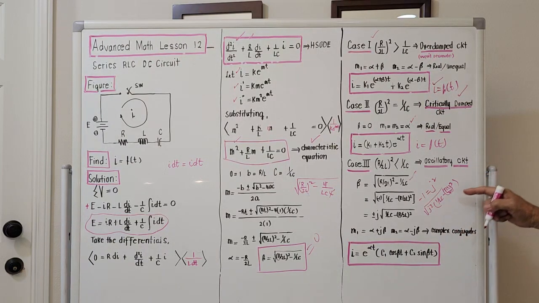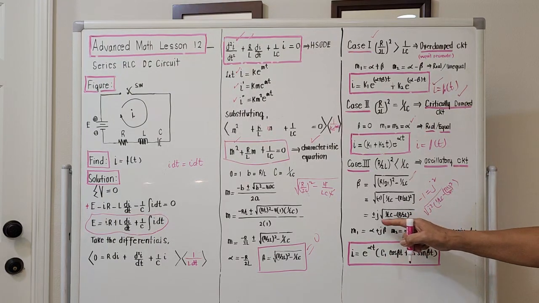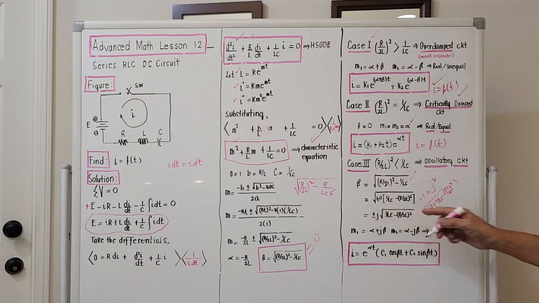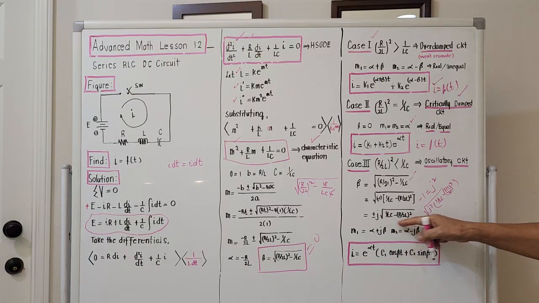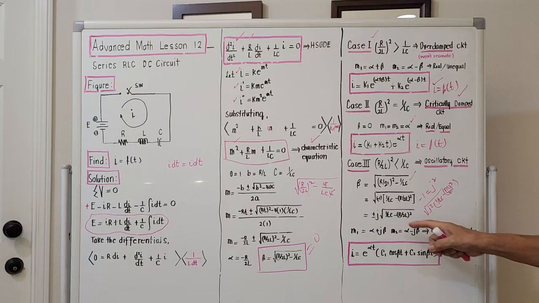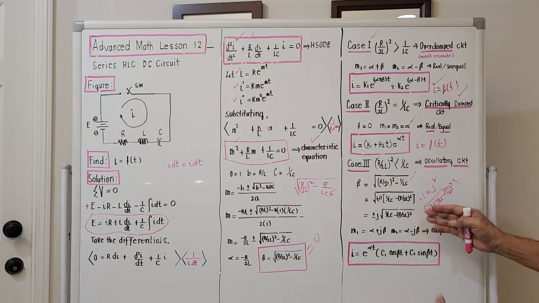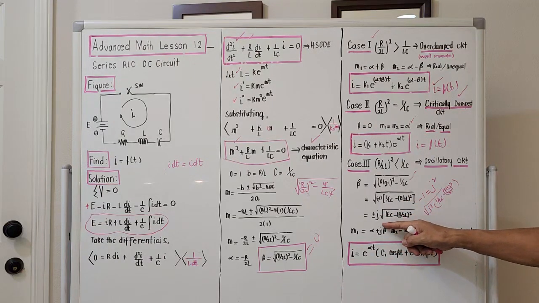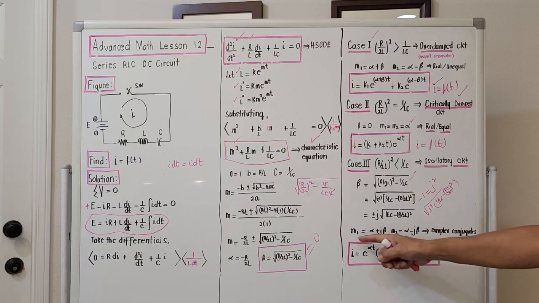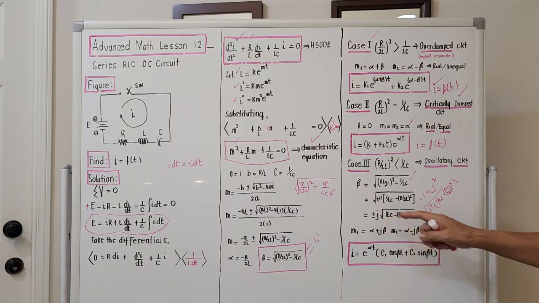Taking the square root of both sides, the square root of j squared will be plus or minus j, and the square root of the remaining term inside will simply be the square root of 1 over LC minus (R over 2L) squared. For the meantime, we do not know the value of this, so we will just place the square root as it is. So M1 now will be alpha plus j beta.